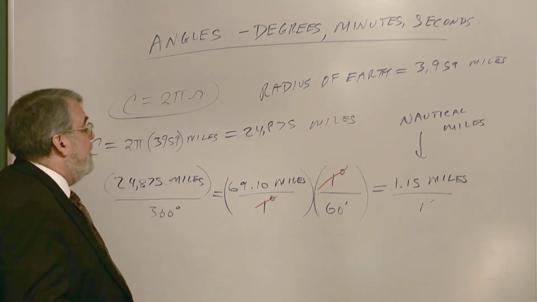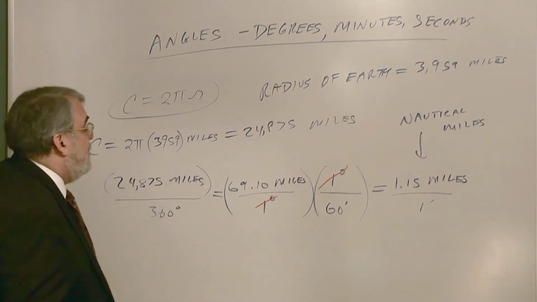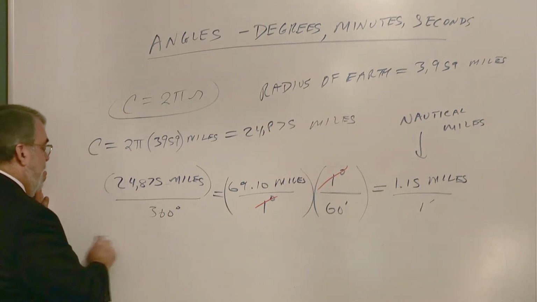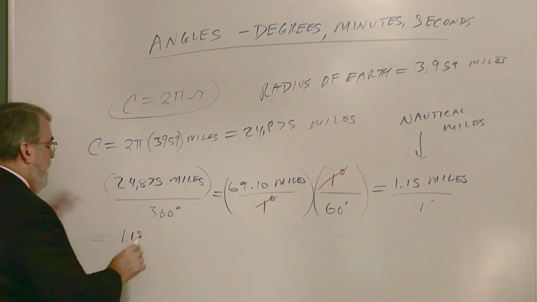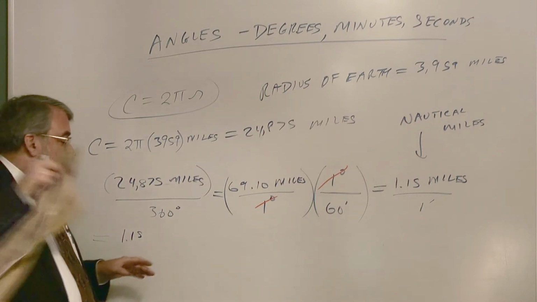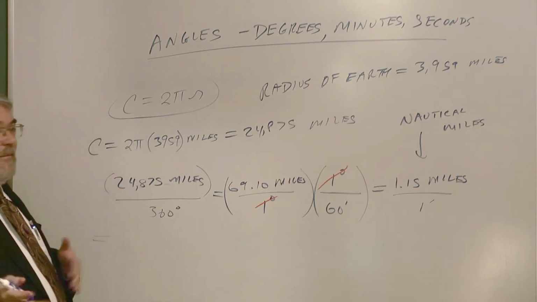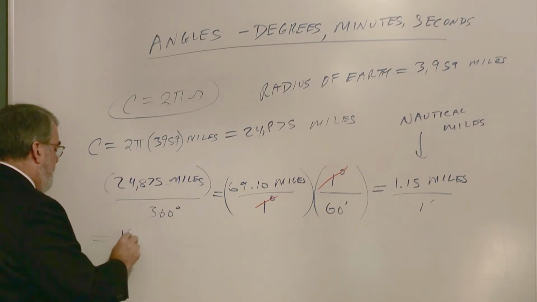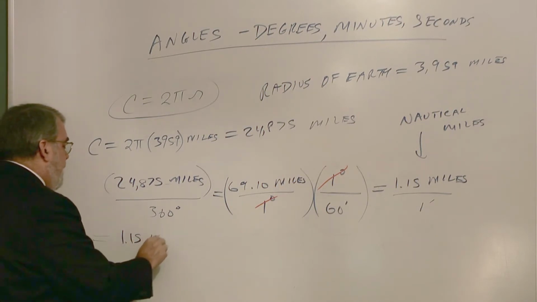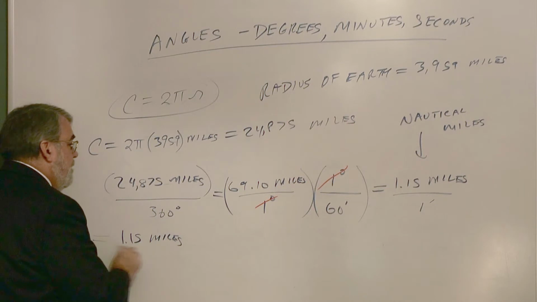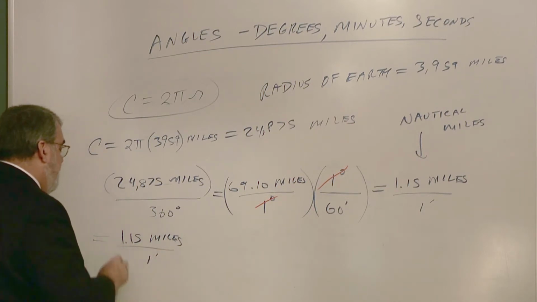All right, now let's convert that to seconds. So I'm going to write down here 1.15 miles per minute, and I carried all the decimals in my calculator because I want the best precision. I'm not going to round anything off yet.